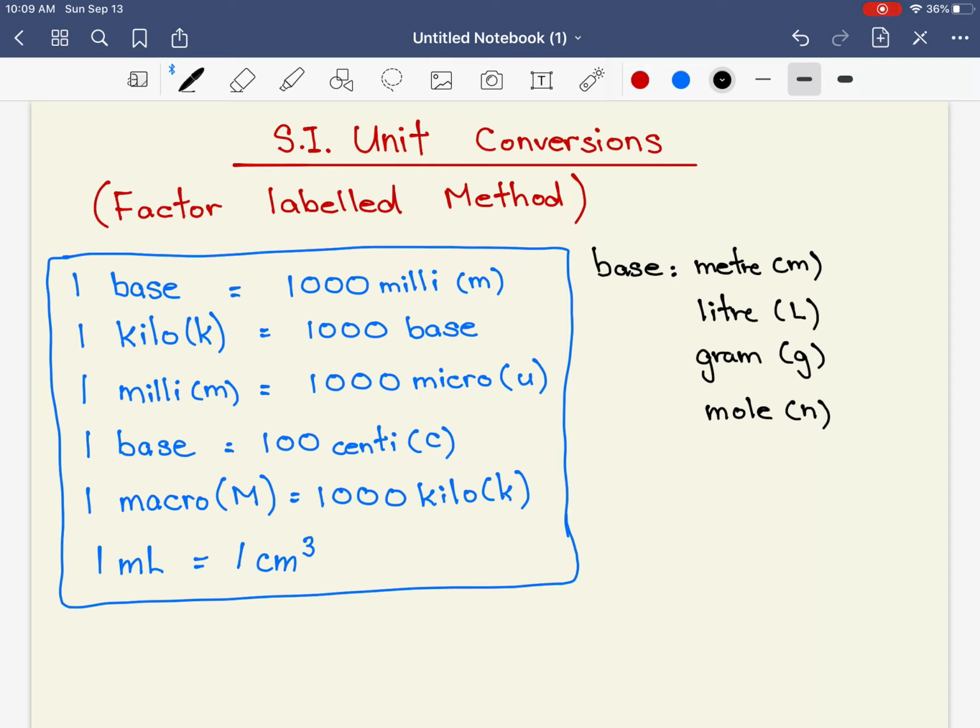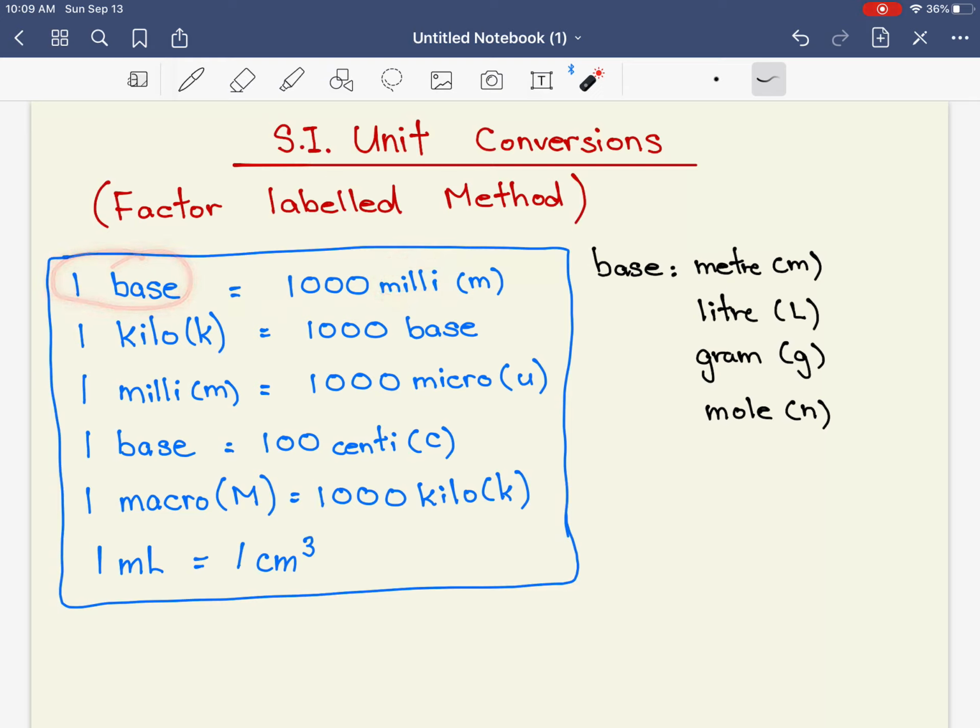Well, how do you use this? It's very simple. One base is equal to 1,000 milli. What that means is that if you have 1 meter, that will equal 1,000 millimeters.